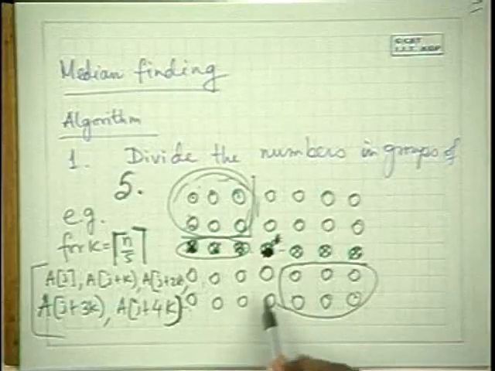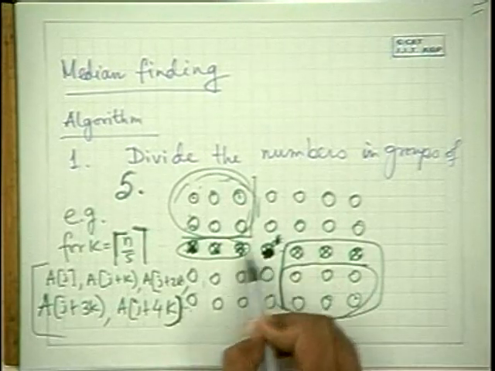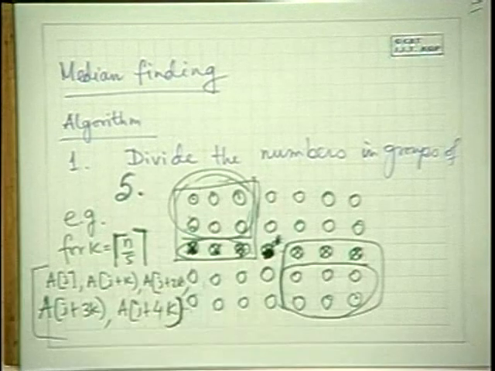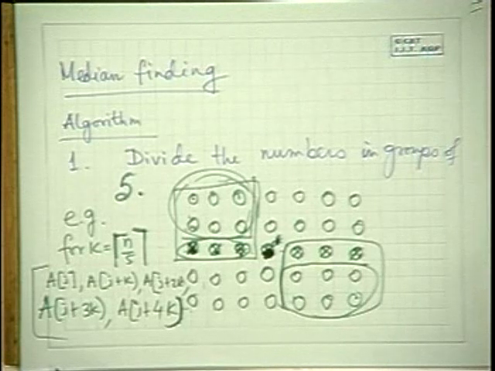So now tell me, how many numbers at least are greater than this guy, and how many numbers are at least less than this person? Tell me. 11 are at least less and 11 are at least more. What 11? Why 11?